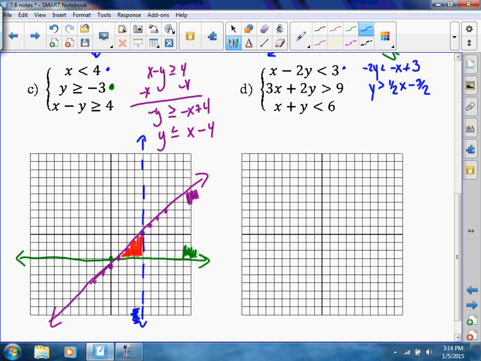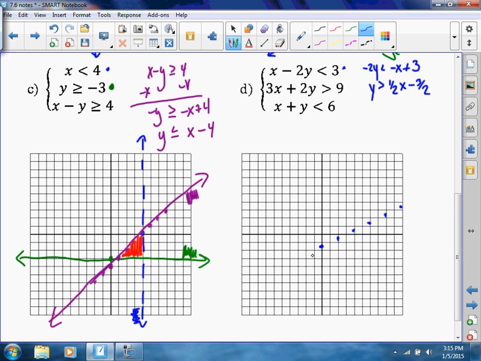I get a fraction? Yep, sometimes you do. Now remember, negative 3/2, that's negative 1 and 1/2. So I'm going to graph that. I'm going to go down to negative 1 and 1/2. And then my slope is up 1 and over 2. So I've got to stay at those little halves when I'm graphing this. So you can still graph it.